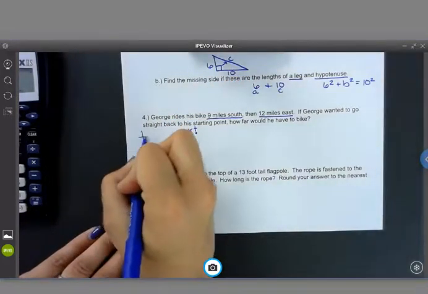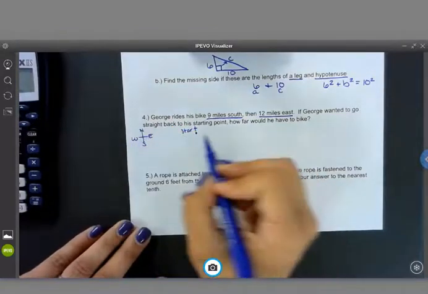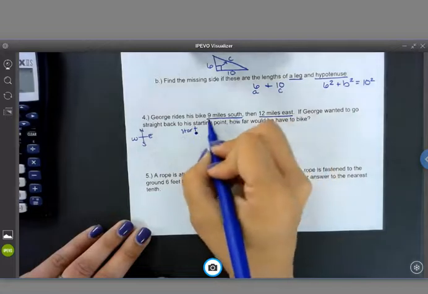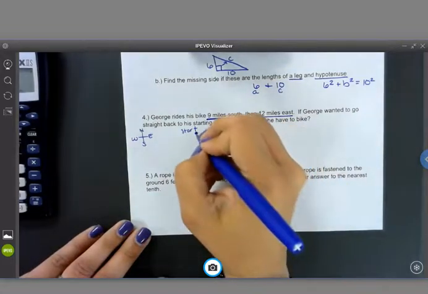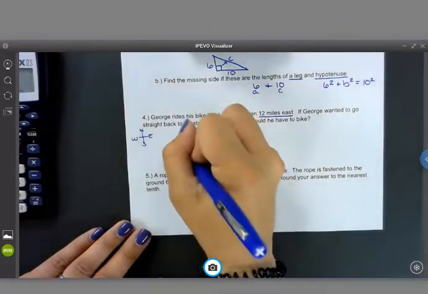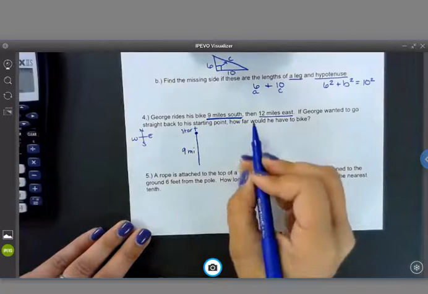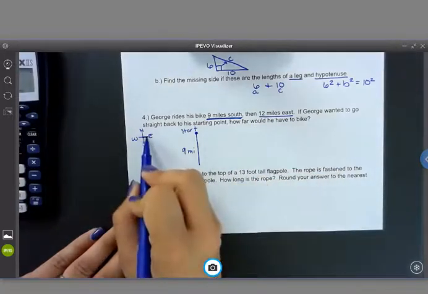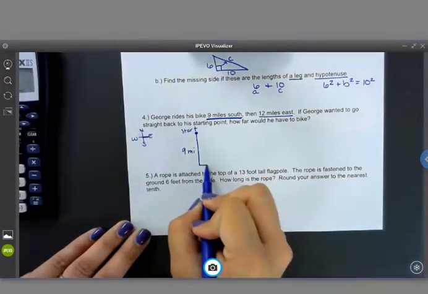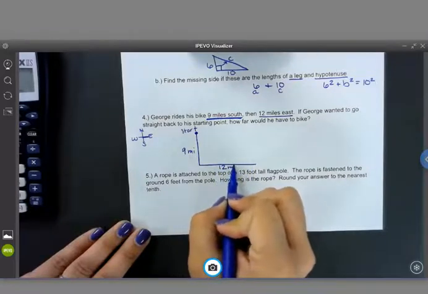Hopefully we know a compass, so north, east, south, west. So if this is his starting point and he goes 9 miles south, so south is this direction, and how far did he go? 9 miles. He then went east, so east is going to the right. He rode 12 miles east.